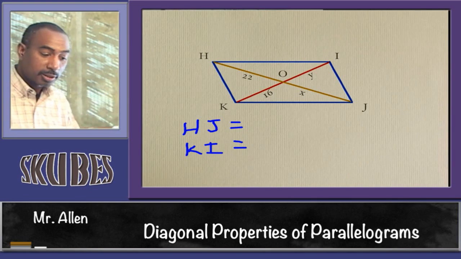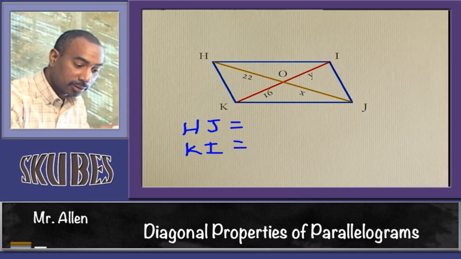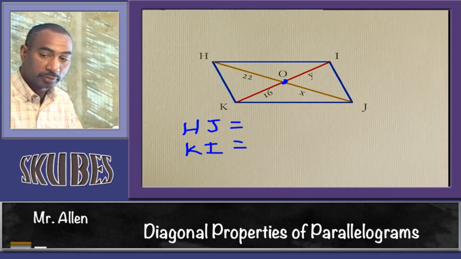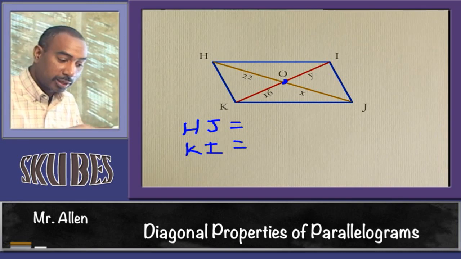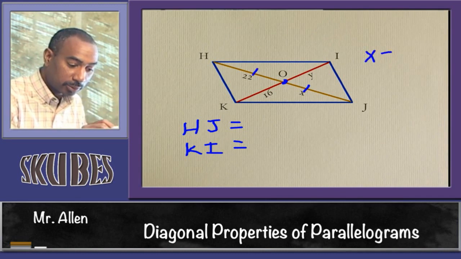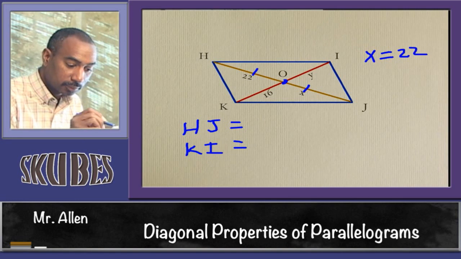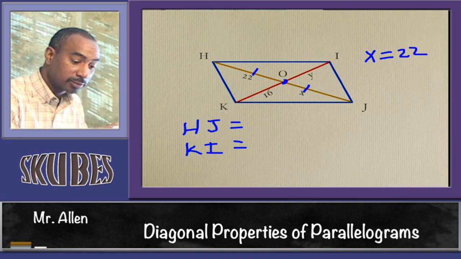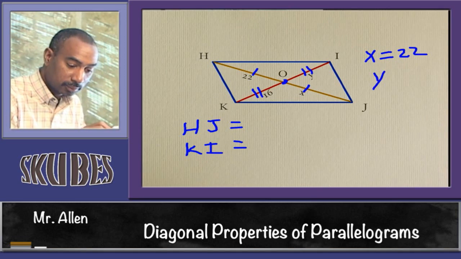Okay? Now, using the definition, we know that O is the midpoint of both diagonals. So if HO has a length of 22, then since these two are equal, x has to have a value of 22. If KO has a length of 16, then y has a length of 16.